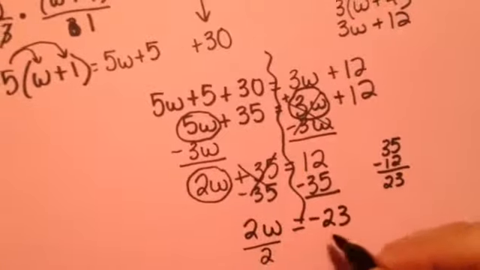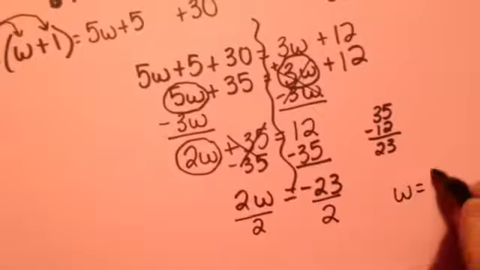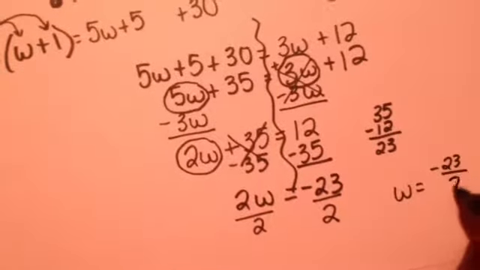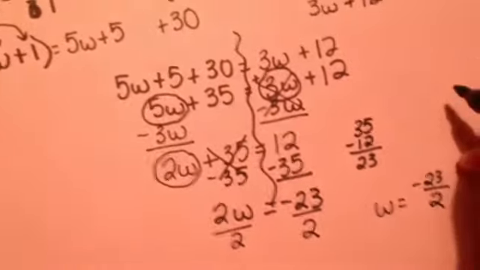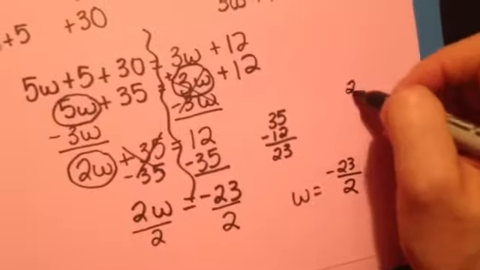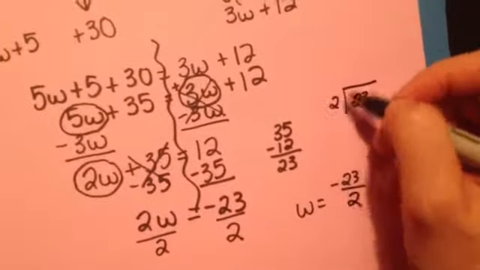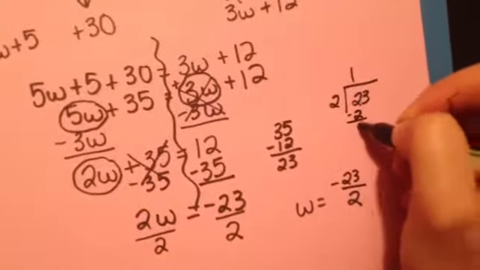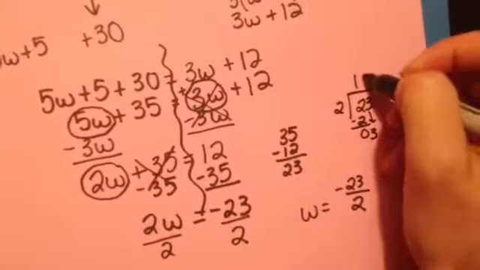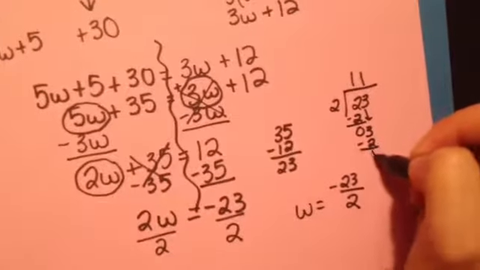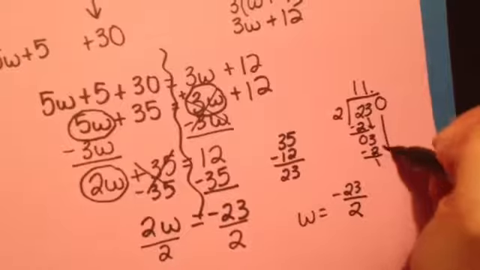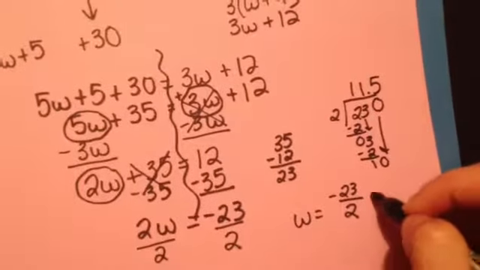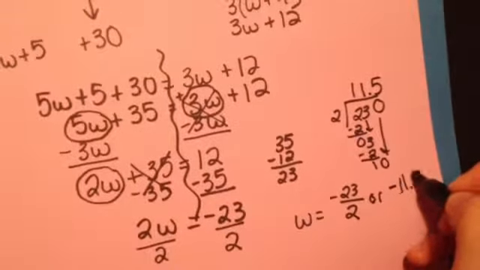I divide by 2 on both sides, and I get w equals negative 23 halves. I could also change this into a decimal by dividing, or a negative 11 and a half.